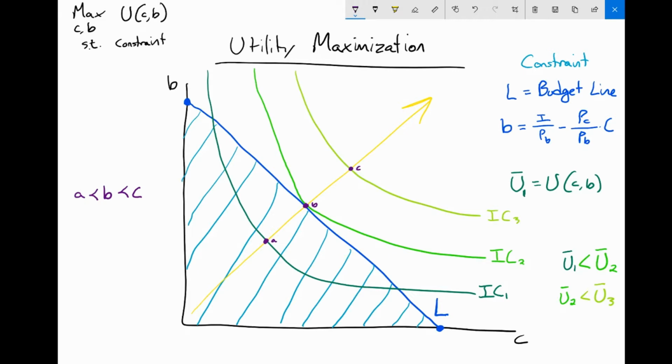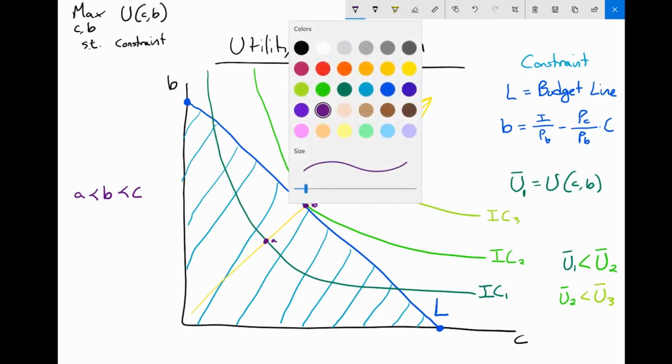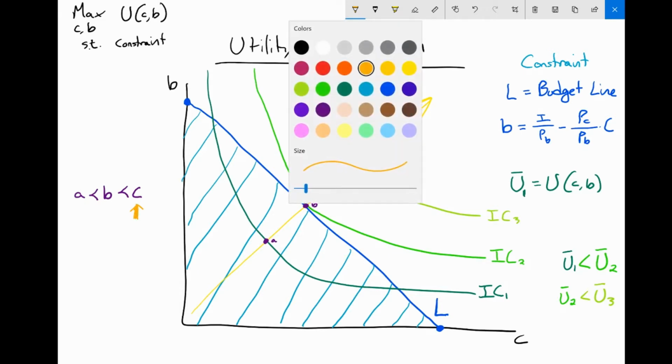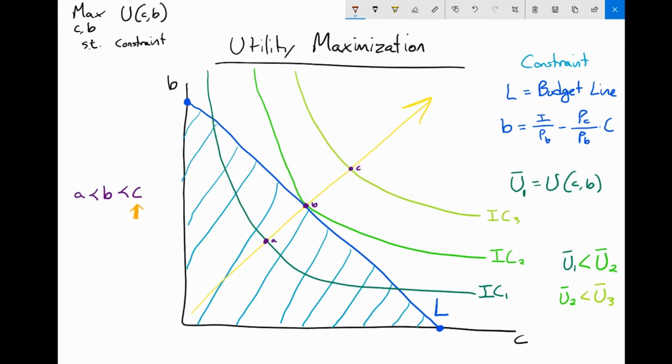So now, just using this illustration, we can see that they would definitely prefer C. That's their preference. They would like to buy C, because C gives them the most utility of the bundles that we've drawn here. But now let's consider the budget constraint.